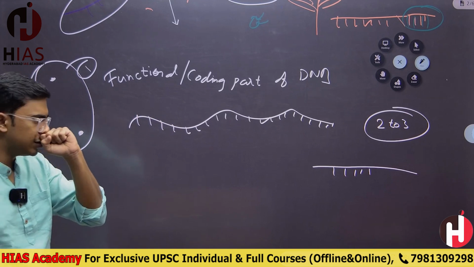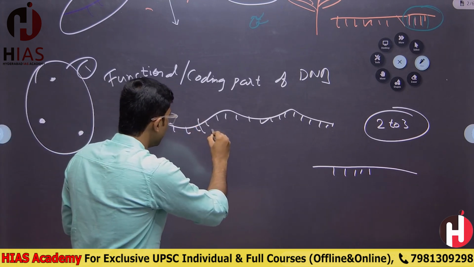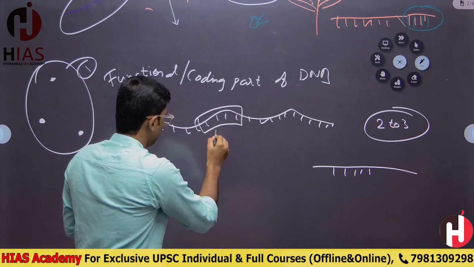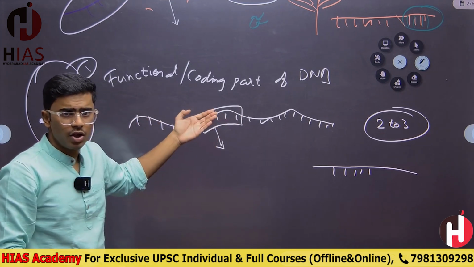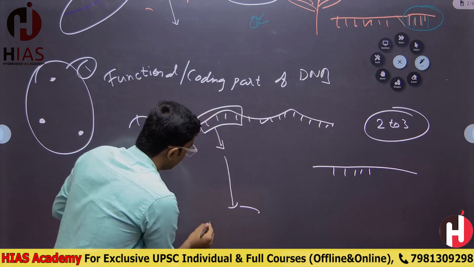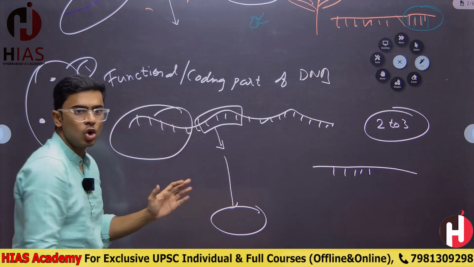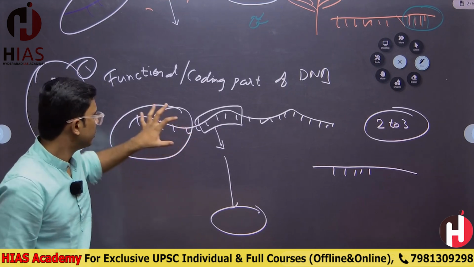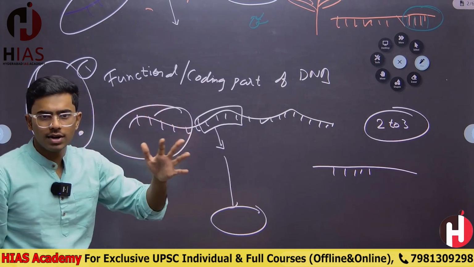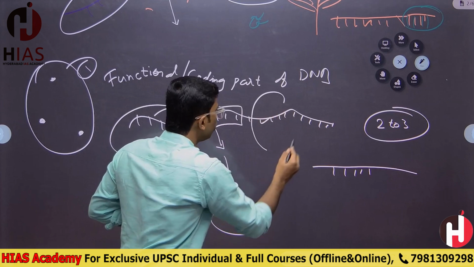Okay, I'll tell you what a gene is first. Gene is this particular part which usually gets translated into a protein. Will this part get translated into protein? No, it won't. This part of DNA will not get translated into a protein. This part also won't.